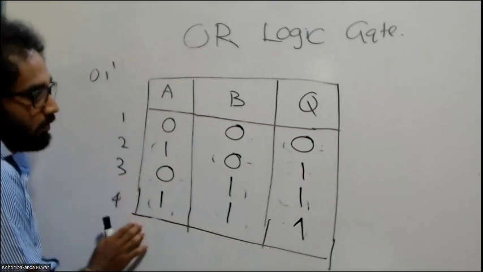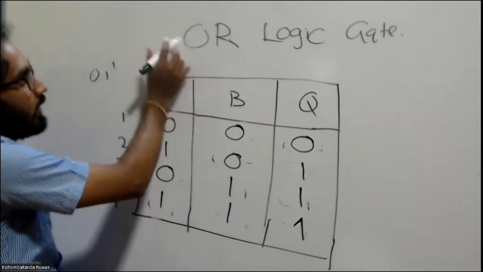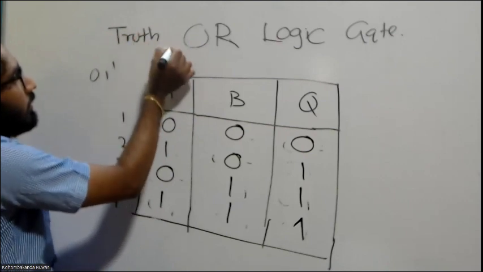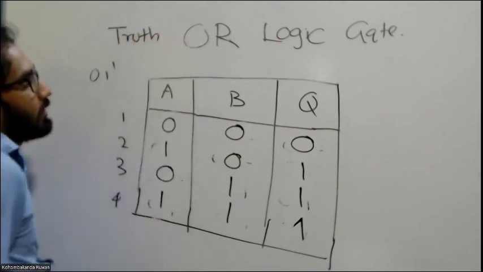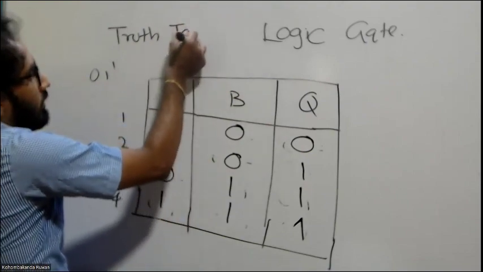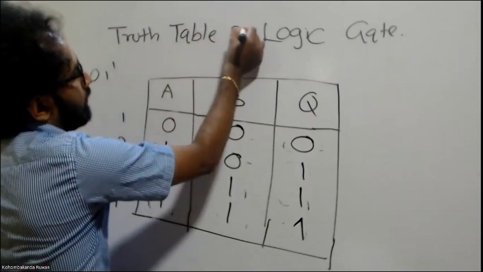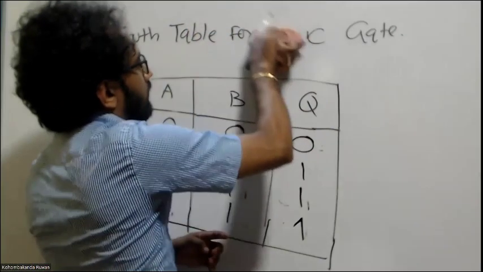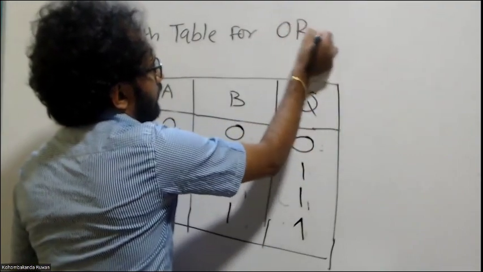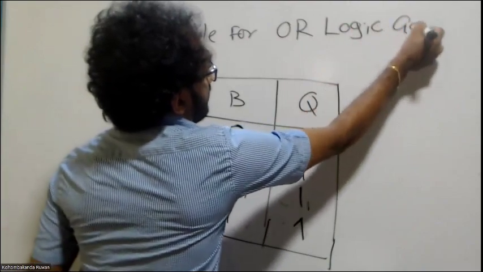This is important. The topic is the truth table. I will write here: truth table for the OR logic gate.